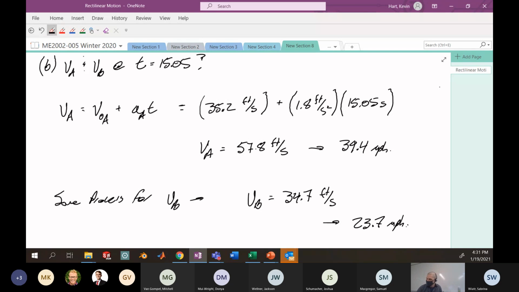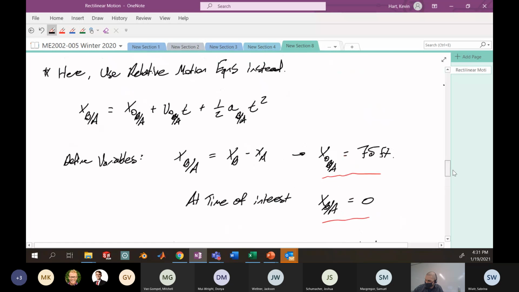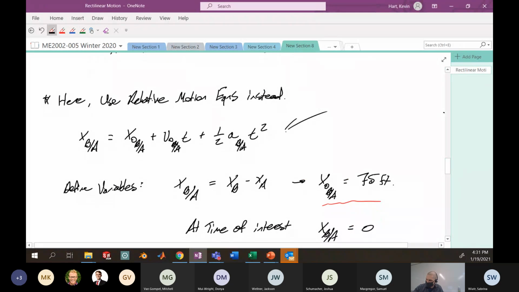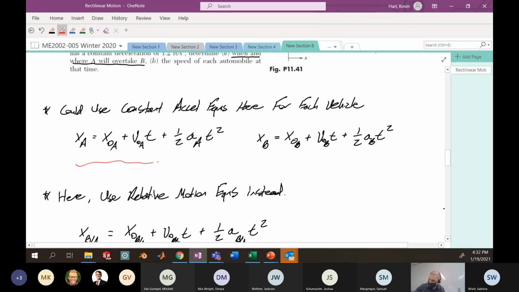All right. So some interesting leveraging here using our relative position equations. And again, you can stick them right into those constant acceleration equations and they'll end up working fine. Like I said, you could have gone through this process with these two equations and you'd have two unknowns.